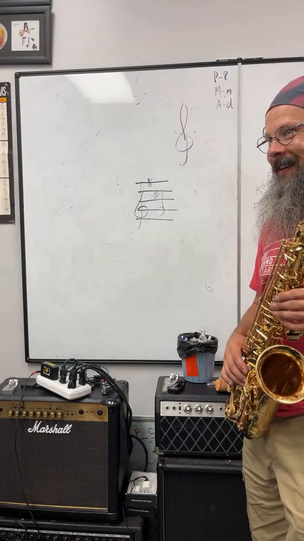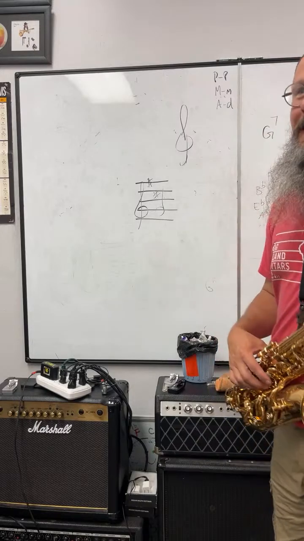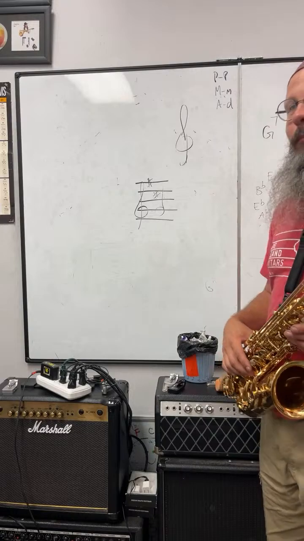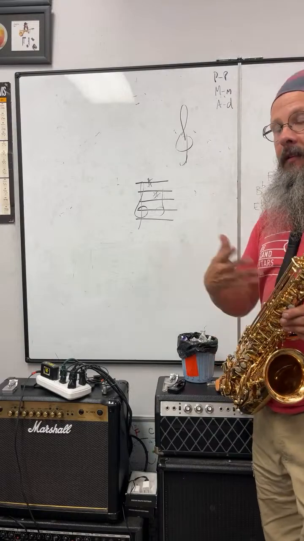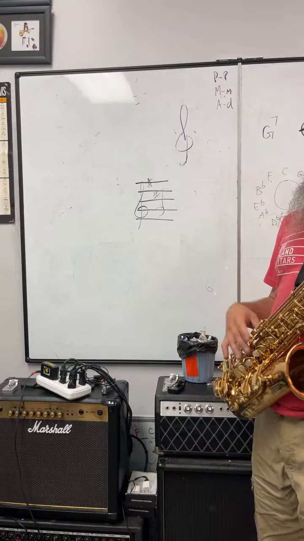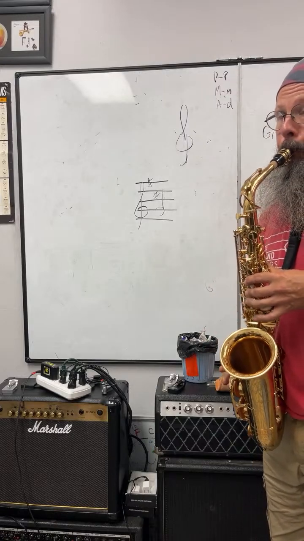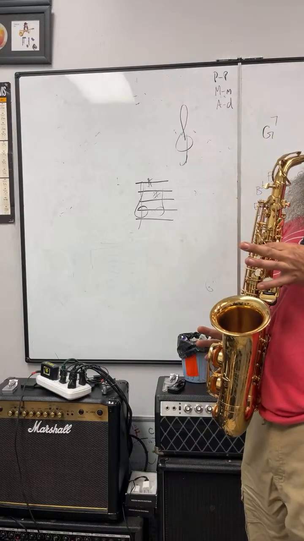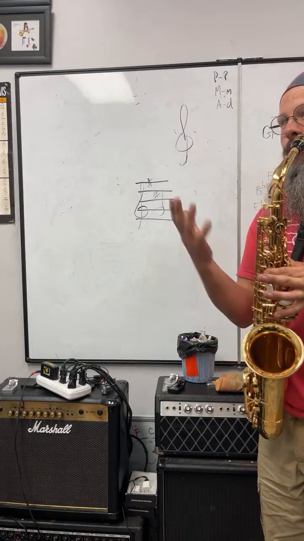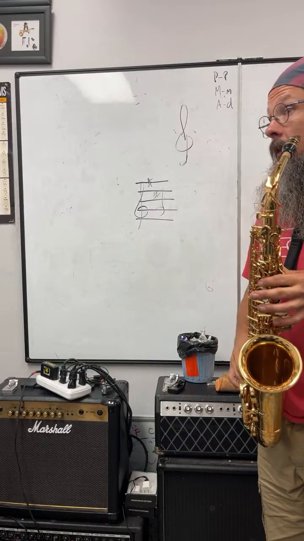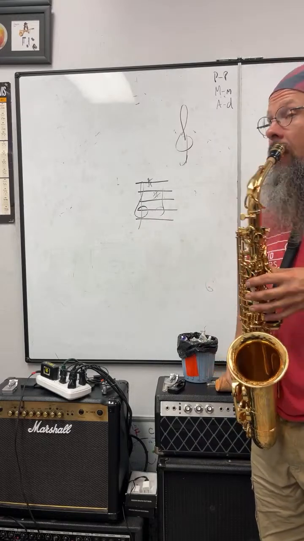Interesting. You get something called D Dorian. Now these are all modes, and they give feeling. Like D Dorian has a natural 6. That's what makes D Dorian D Dorian. That B natural, rather than this flat that should be in the key of D, B flat.